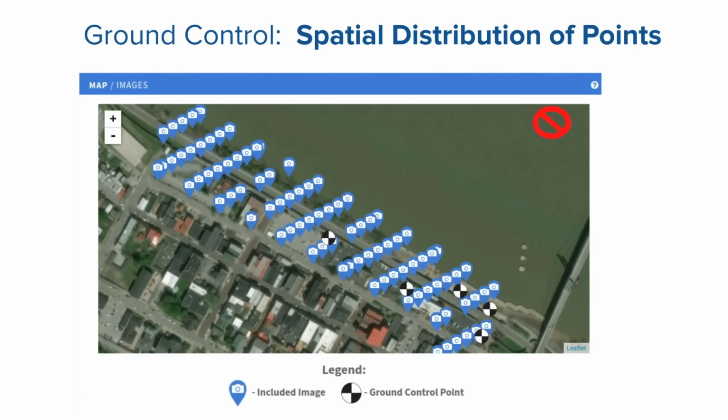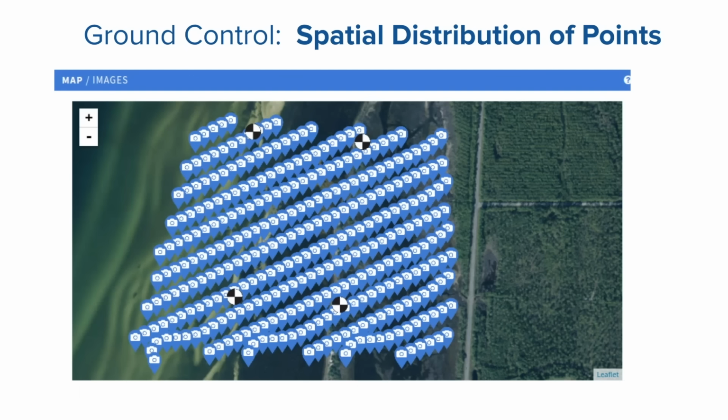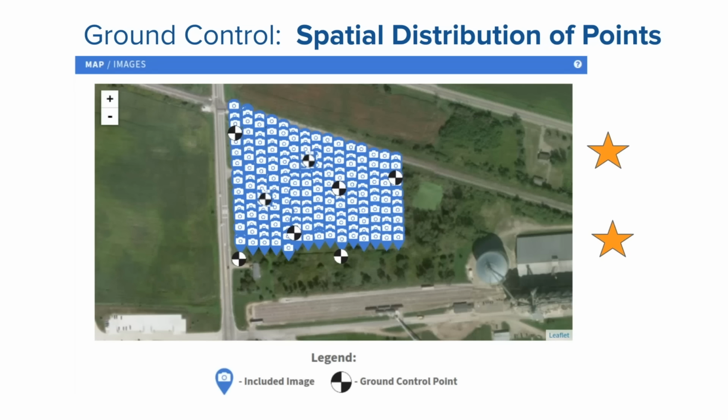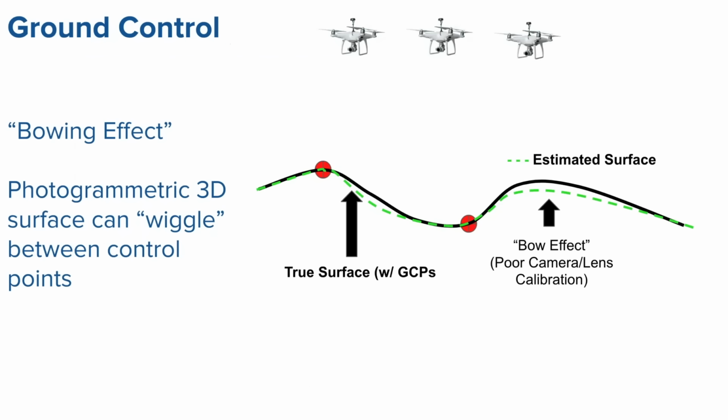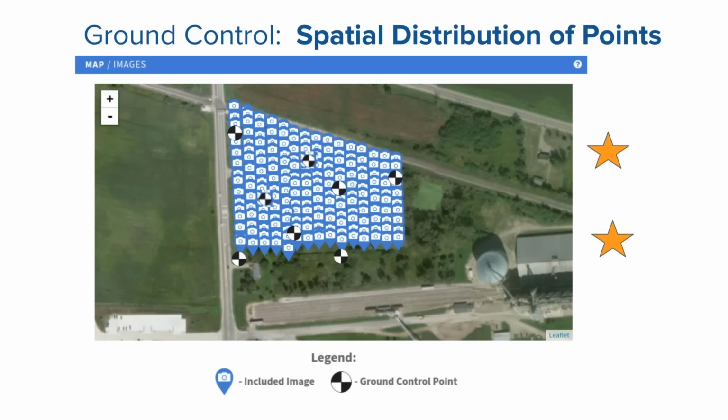This one's down in Maysville at Carlson, where we've got 5 control points, but the spatial distribution is very bad. Another example, only 4 control points, not very well distributed throughout the project area. And this last example is much better, a better distribution. But as we all know, that distribution of control points matters.